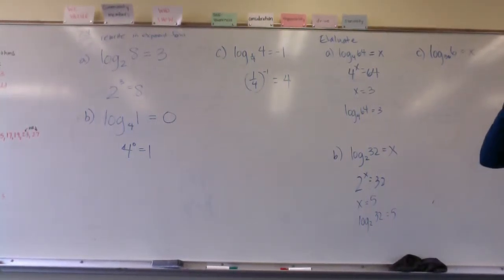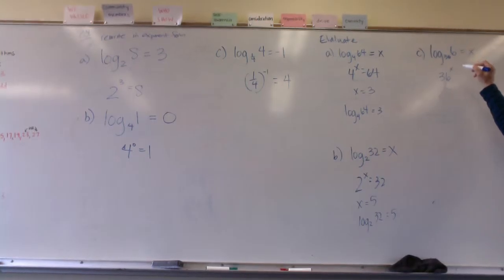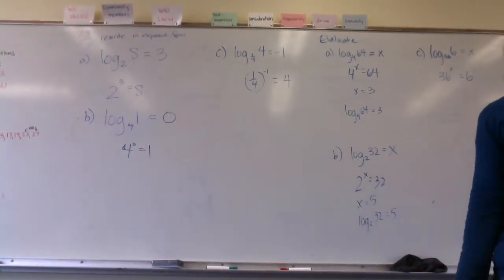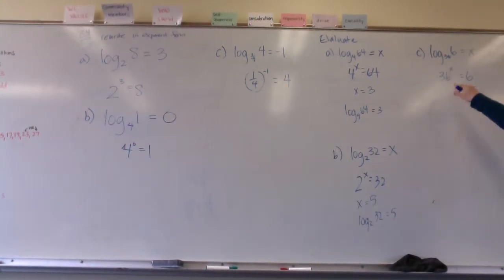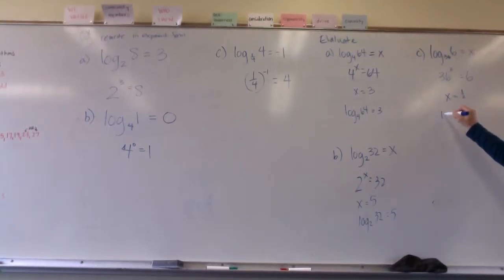Tell me how I would rewrite it first. 36 to the x equals 6, and then x would equal 1/2. Awesome. Because what do I need to do to 36? Square root it. And how do I square root that? I raise it to the 1/2.